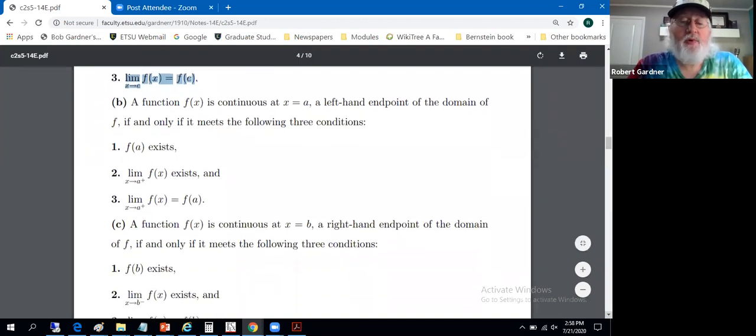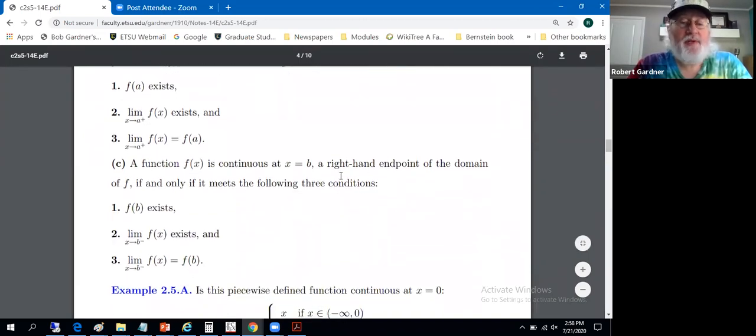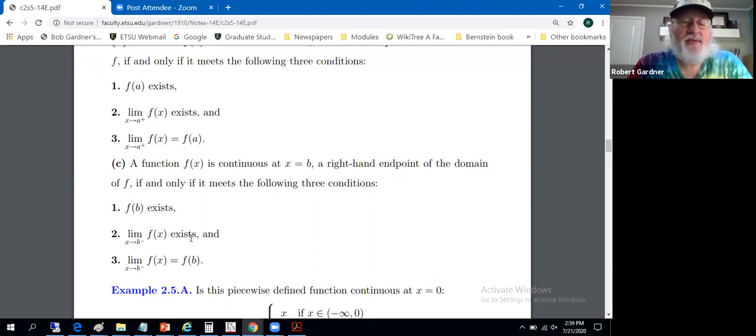At right-hand endpoints, say b is a right-hand endpoint of the domain, same kind of thing. The function's defined at b, the limit as x approaches b from the left exists, and the limit equals the function value.